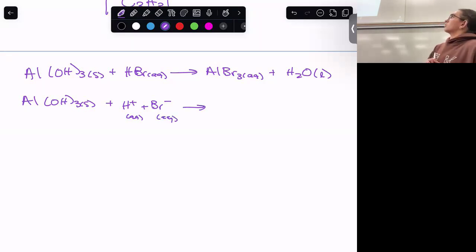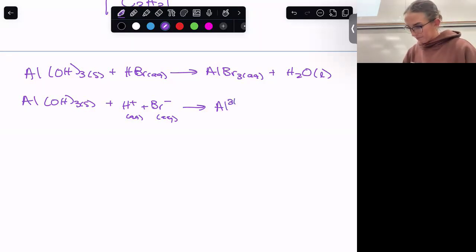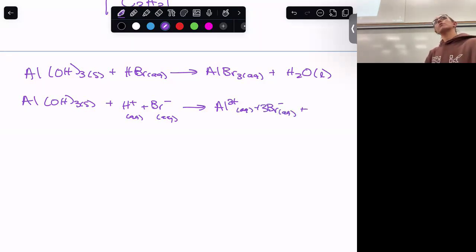What do you do to aluminum bromide? And what do you do to H2O? What is that? That's a liquid. So that remains as H2O because it's not aqueous. It has a different phase than aqueous, so it still has to stay as a liquid. You can't split that up into ions there. So that stays as H2O liquid.